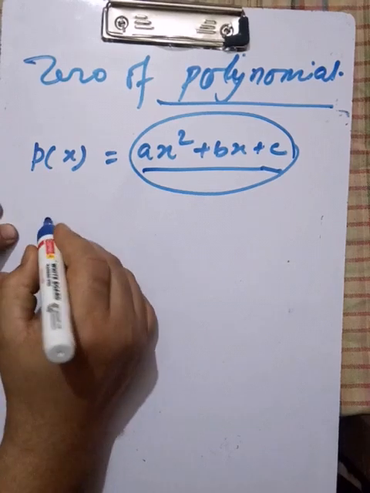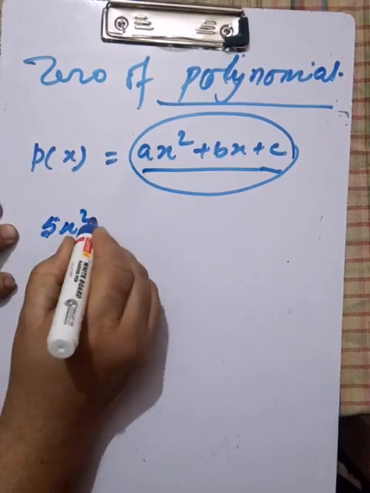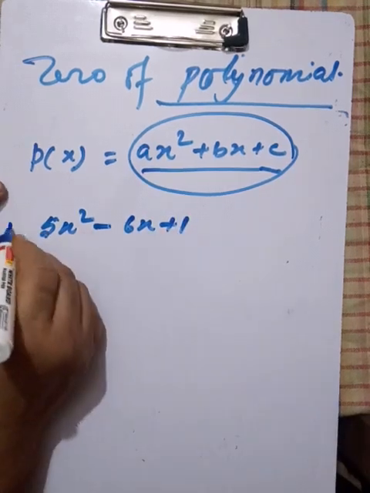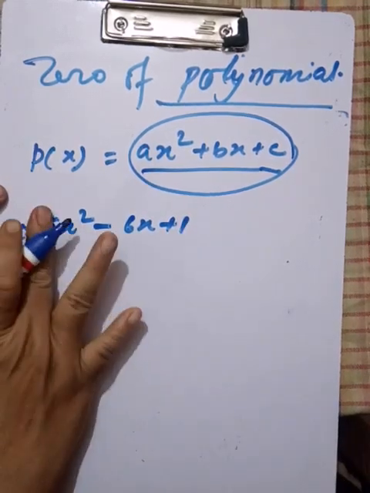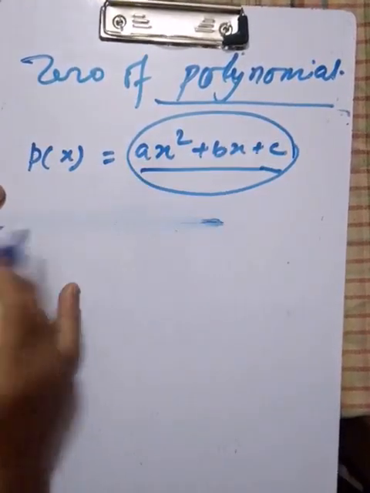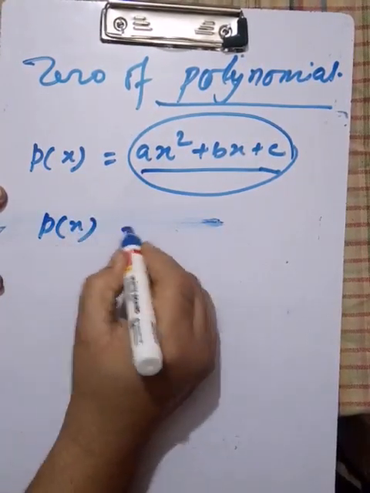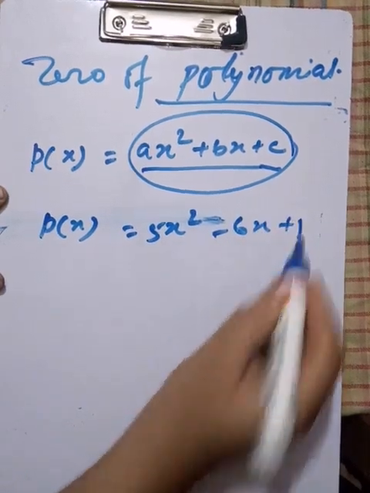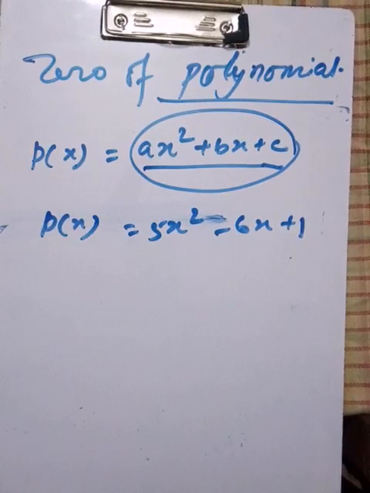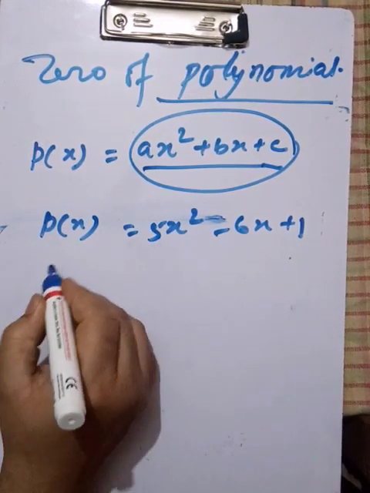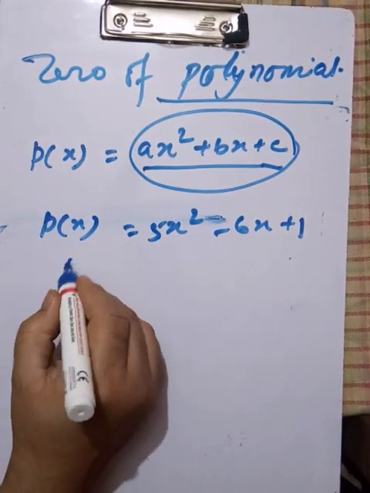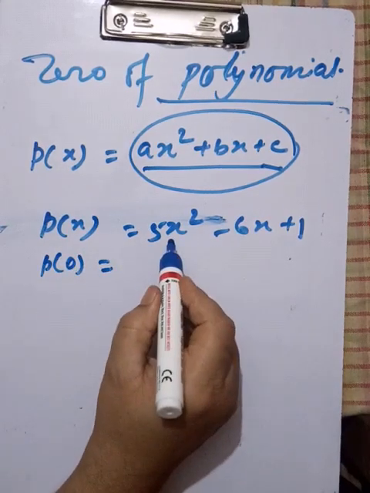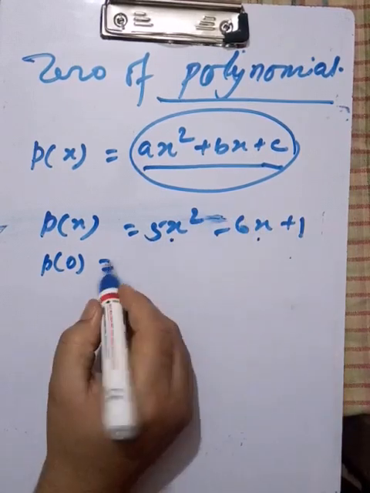Suppose I take one example, 5x square minus 6x plus 1 as polynomial p(x). Suppose I put x as 0. Then p(0) will be 0, 0, and 1.